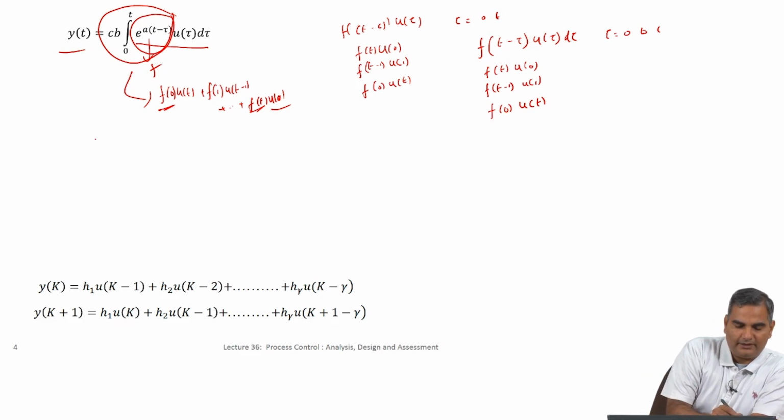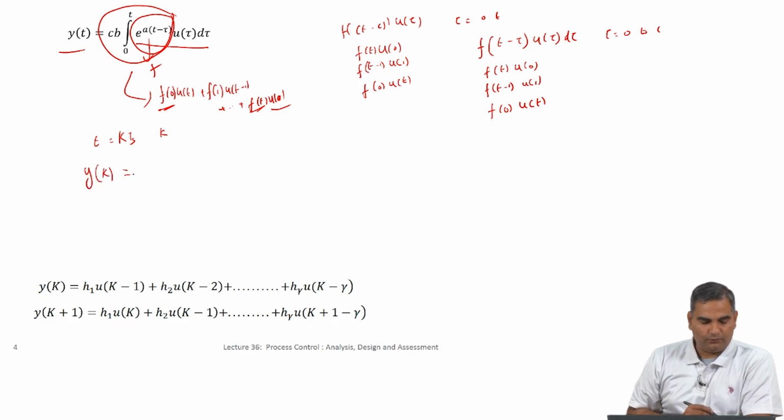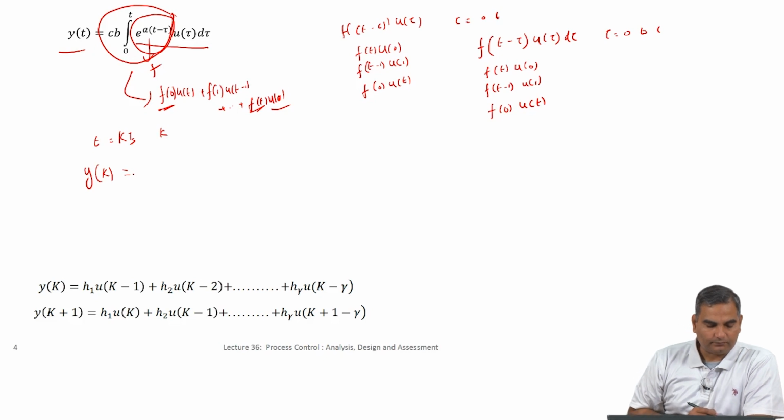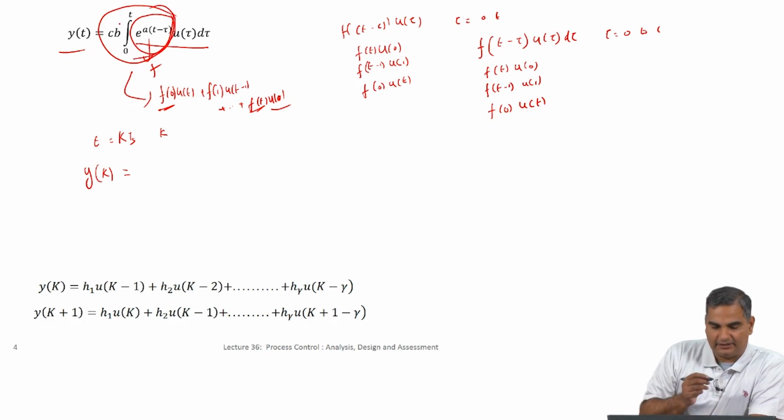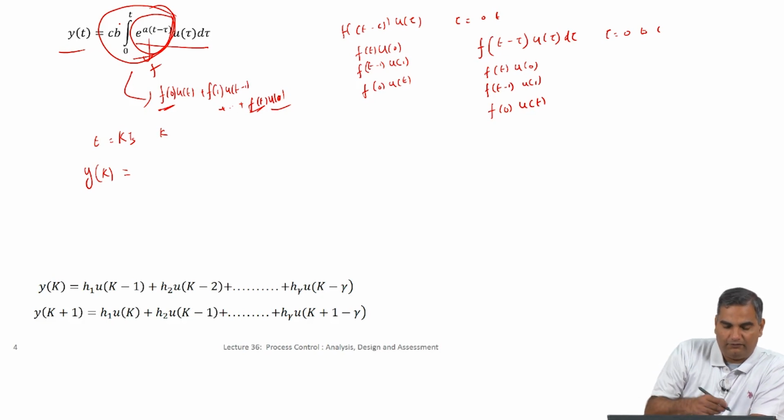So, if you think about this in a discrete form, now we will go back to the discrete form. Let us say I look at t equal to kTs, which I am going to simply write as k. So, in a discrete form, what I am going to say is that I am going to convert this f function that I talked about into h, okay, and this h is called the impulse response model, and we will describe that.